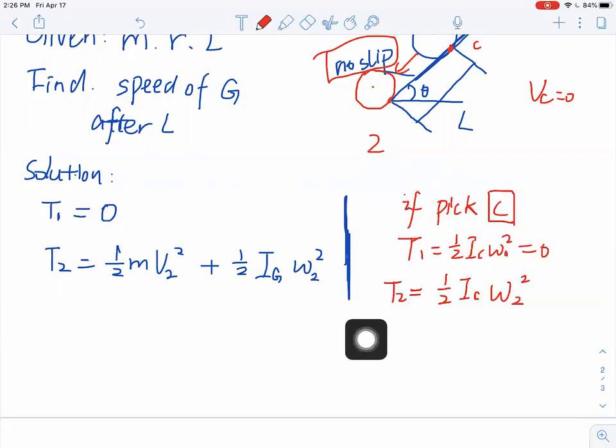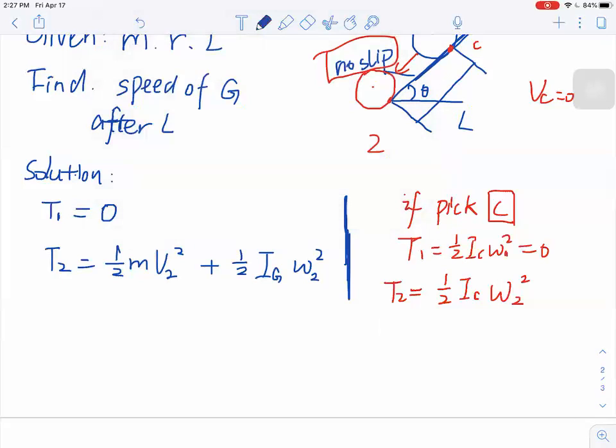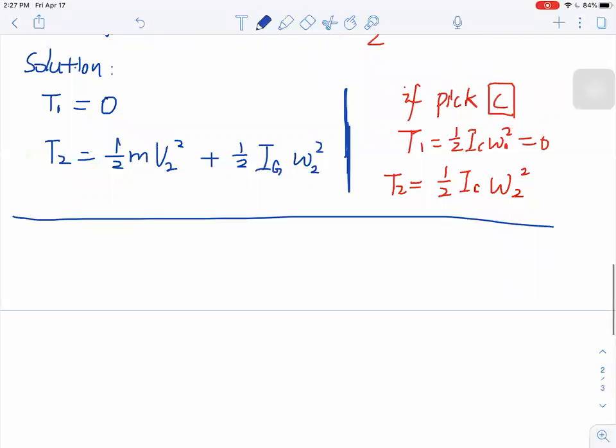No matter which point you pick, you will end up with the same answer. Okay, that's about kinetic energy. Do we have any question here? Okay, let's move on to the next.